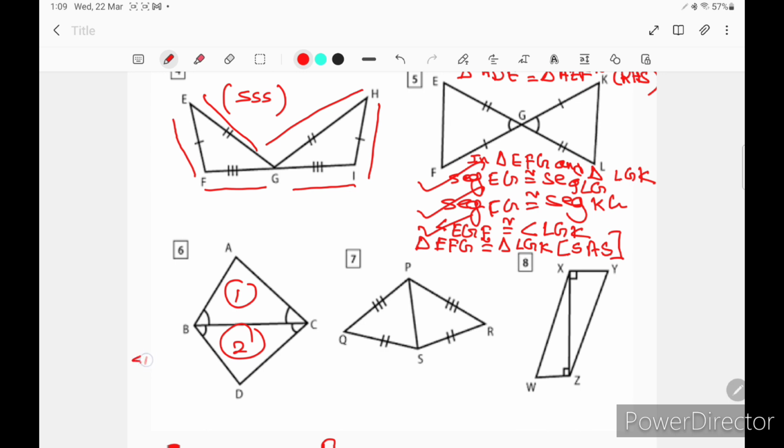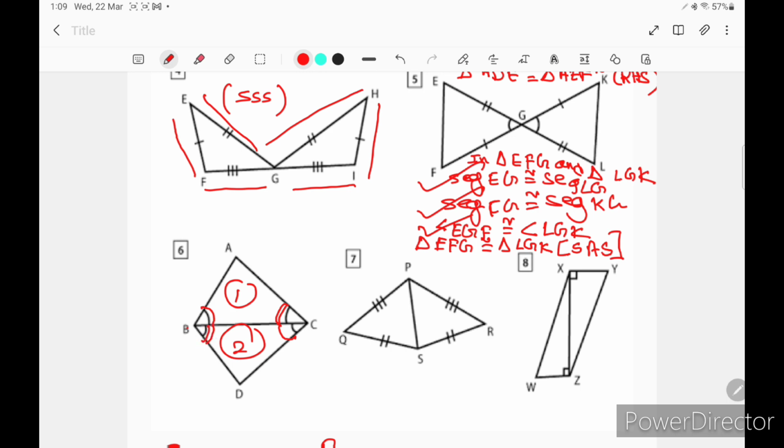Angle ABC is equal to this angle, and angle ACB is equal to this angle.